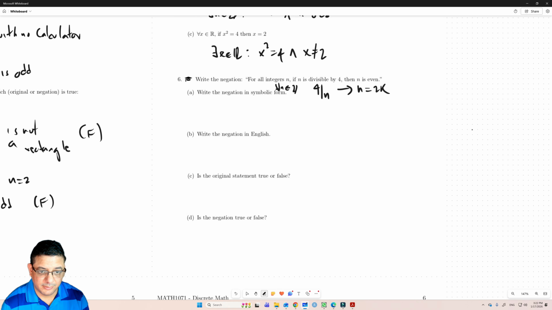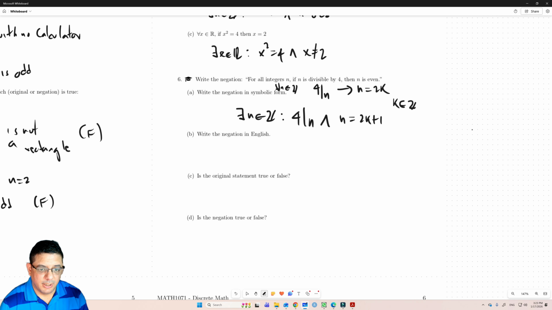The negation of this in symbolic form is that there exists n that belongs to Z, so that n is divisible by 4, and n is not even. So odd can be written as 2k plus 1. And this is, of course, for a certain k that belongs to the integers.